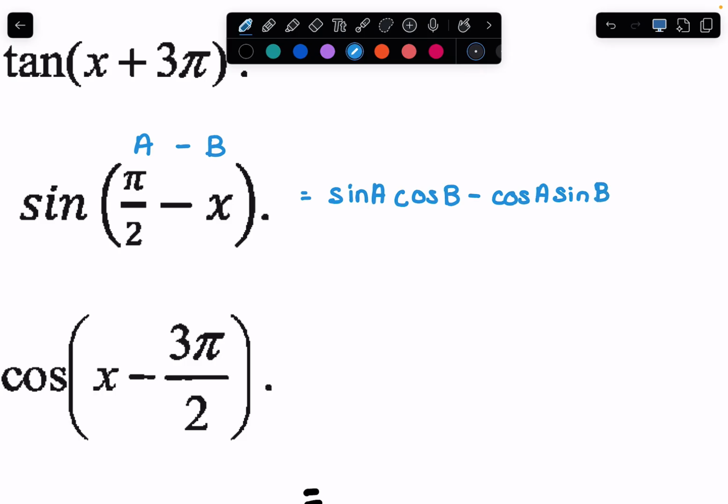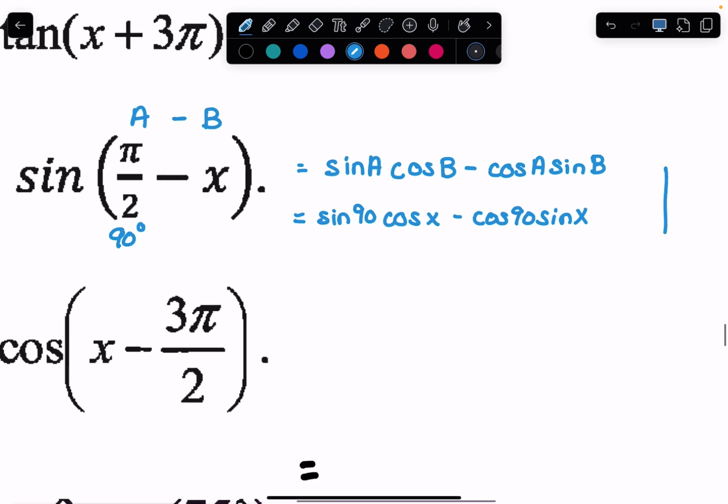Pi over 2 is what in degrees? 90. So if that's easier for you to think about it like that, sine of 90 cosine x minus cosine of 90 sine x. Okay? 90 degrees is right here.